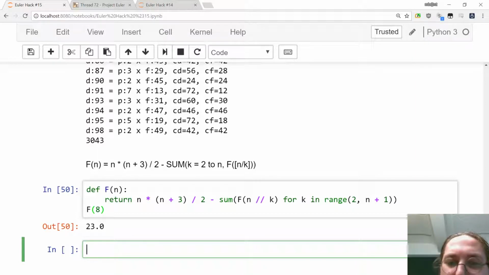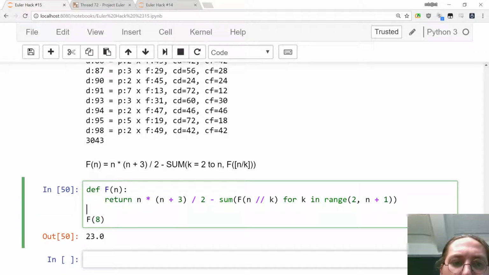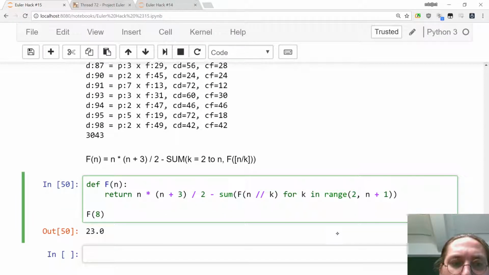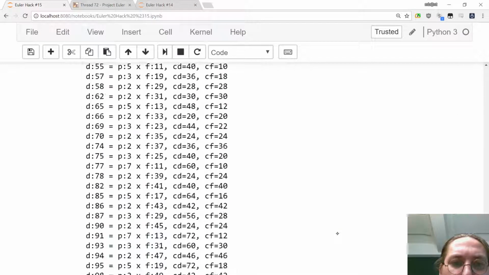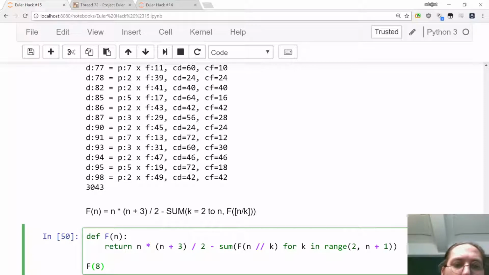Wasn't that 21? Yeah, I think so. I'm missing something. Probably the range. What range did we pick here? 100. So it's off by 1. Am I missing something?